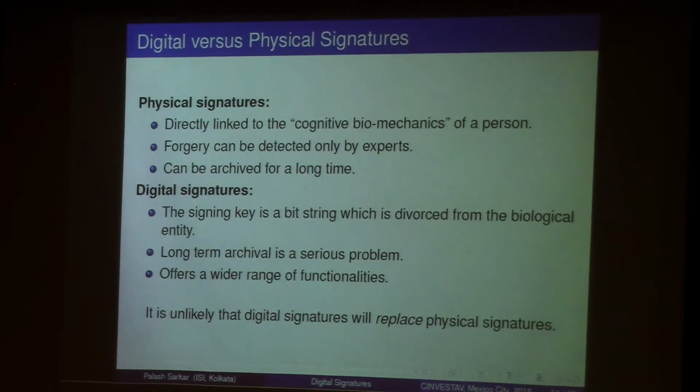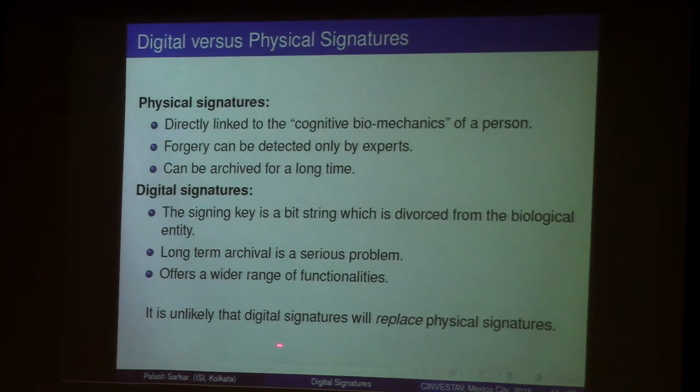Now, long-term archival is a serious problem, and technology advances. So maybe 20 years from now, what you have signed now, will that be recognizable? Will that be recognizable 100 years from now? Physical signatures maybe. And then you sign treaties. So if you're signing treaties, do you use digital signature? May not be a good idea.